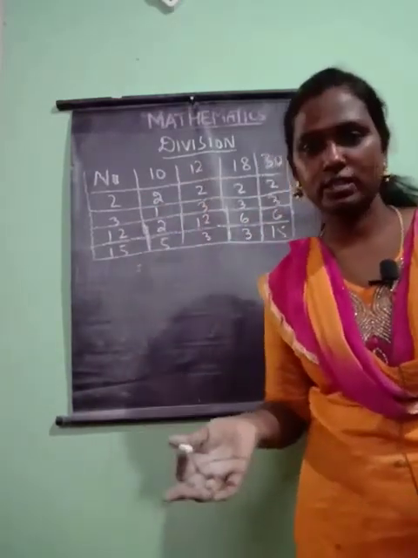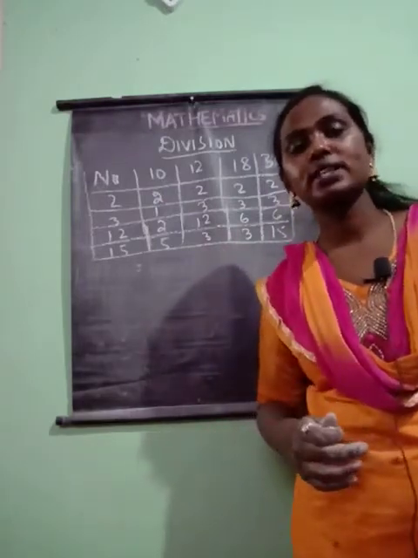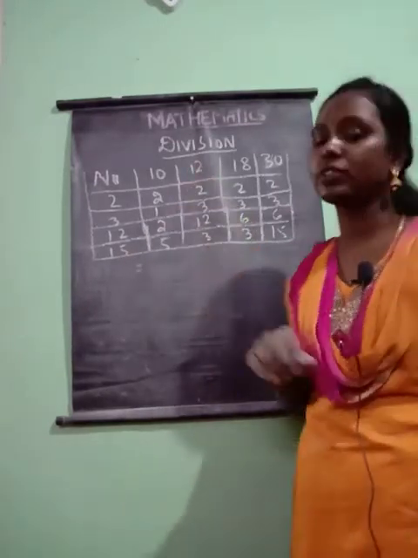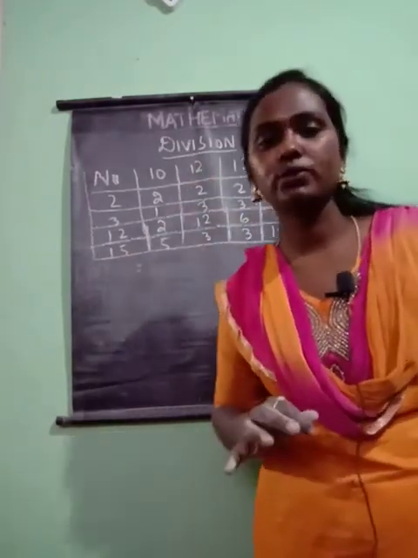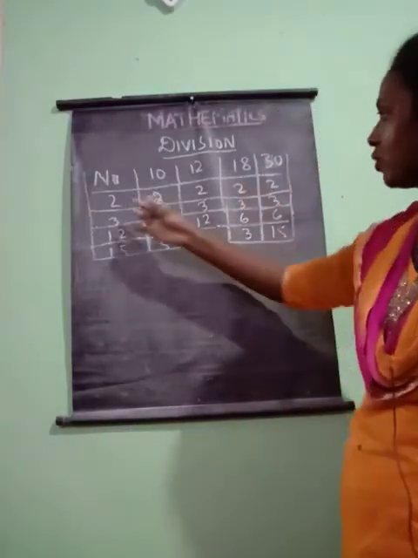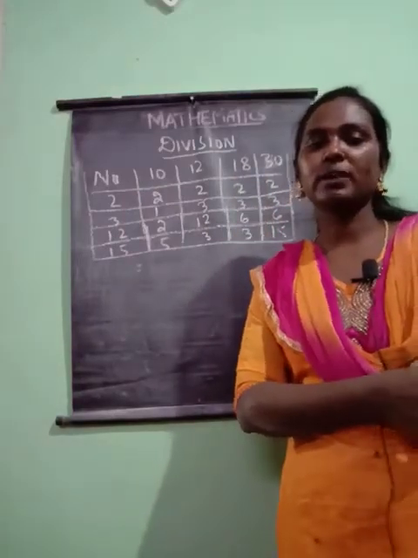For 15 and 12 we have 3, because 3 4s are 12 and 3 5s are 15. For 2 and 18 we got 2.